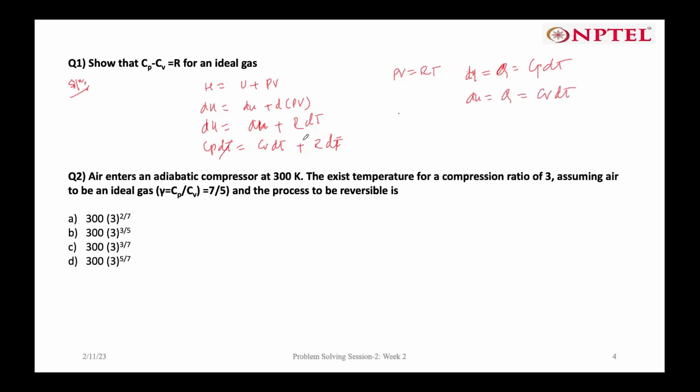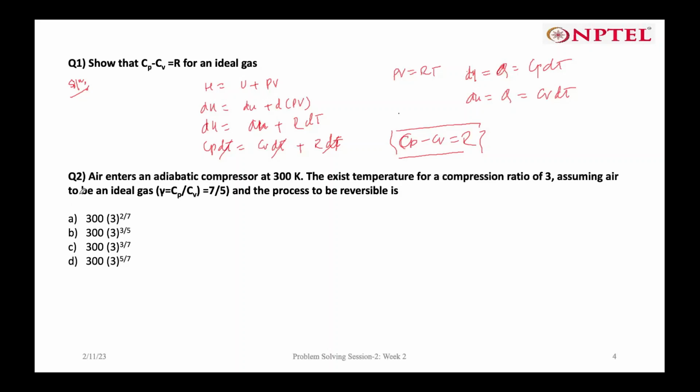Now dT gets cancelled, so Cp minus Cv is equal to R. Is all of you clear? Yes, sir. Okay.